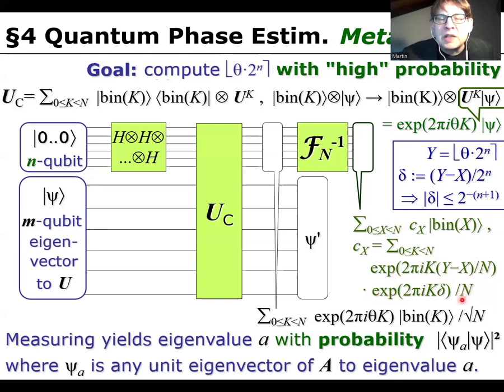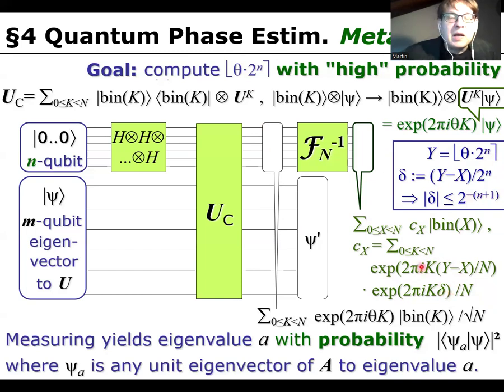So this is a normalization factor. Here we see the difference between the current index x and the y, which is the quantity we want to approximate, we want to calculate, and weights which involve this delta, this error, which is exponentially small, fortunately.